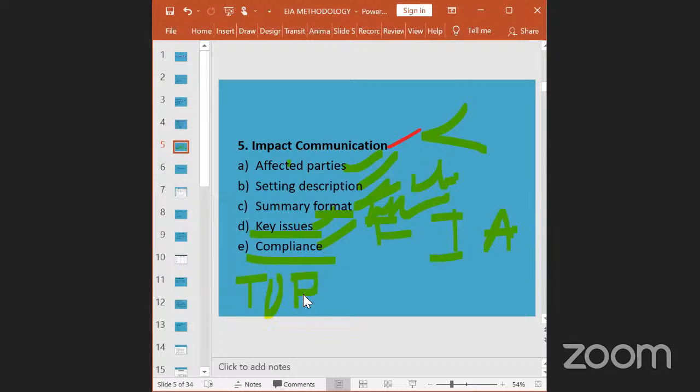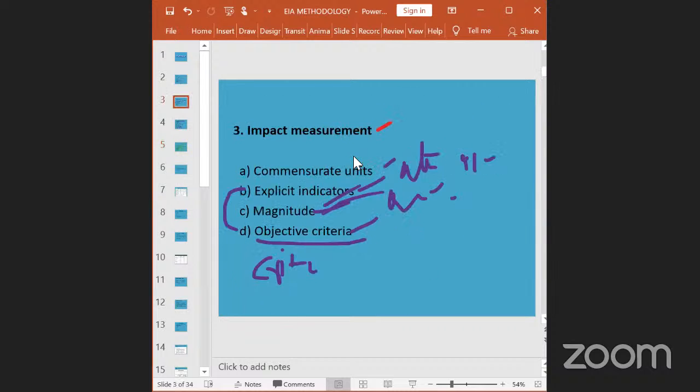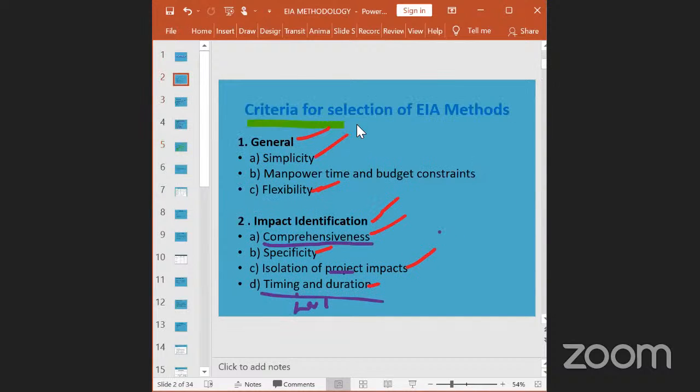I already told in the first class, TOR, terms of reference, is established by the controlling agency, right? So these are some criteria for selection of the EIA methods, right?